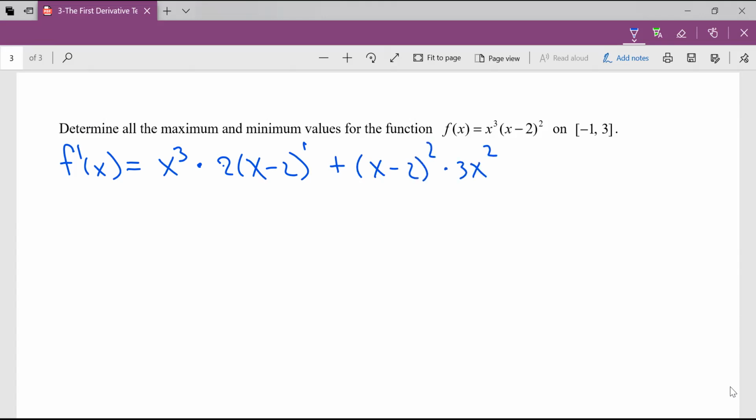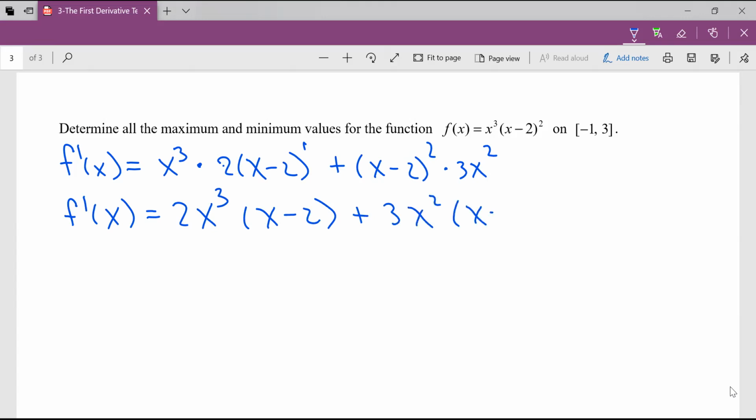Let's do some simplifying here, since it's looking a little ugly. First, I'm going to rewrite the first term like that, and then for the second term I'm going to bring in that 3x squared.